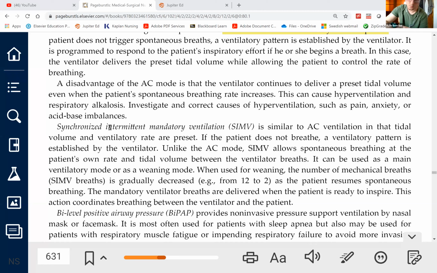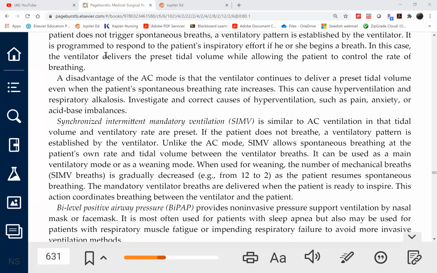So let's go now to the next mode, SIMV. This is still a volume mode, and as described here, this is similar to AC. There's a preset tidal volume and a preset frequency or rate.